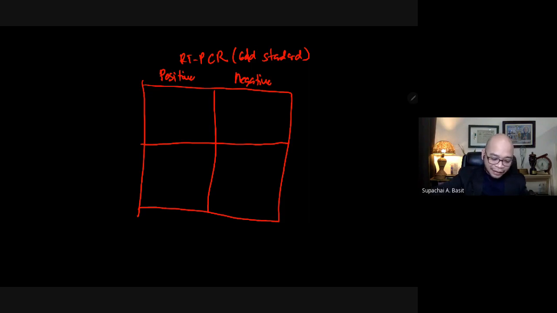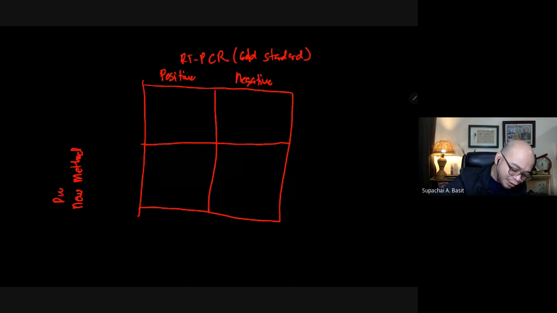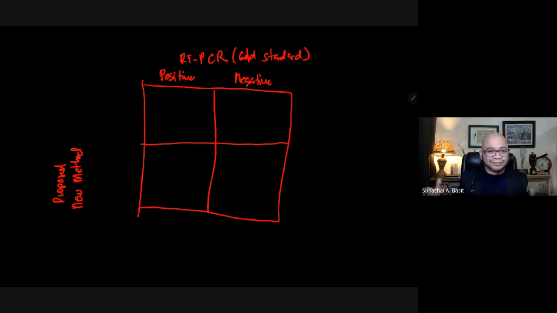And then on the other side, this is the new method, the proposed new method because you are testing and you discovered that you have found a new method. So you have here proportions who are positive and you have here proportions who are negative.